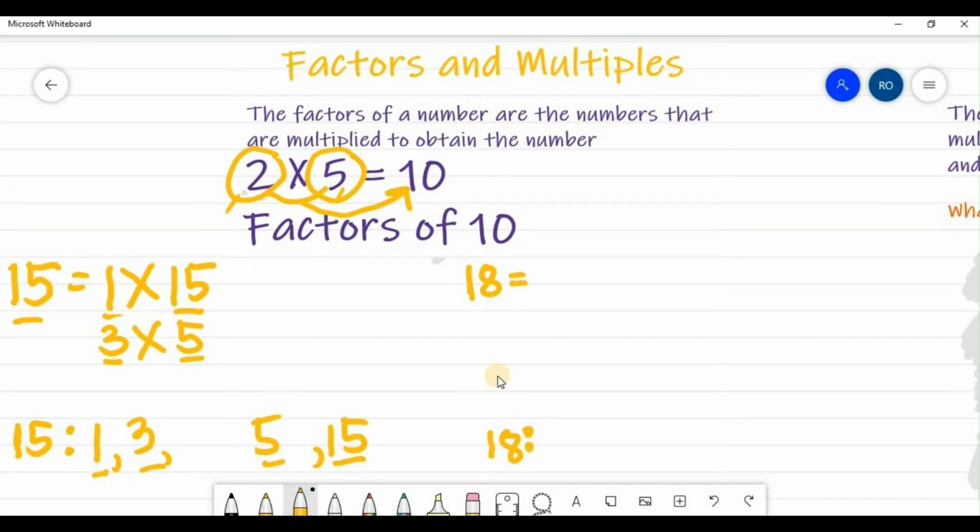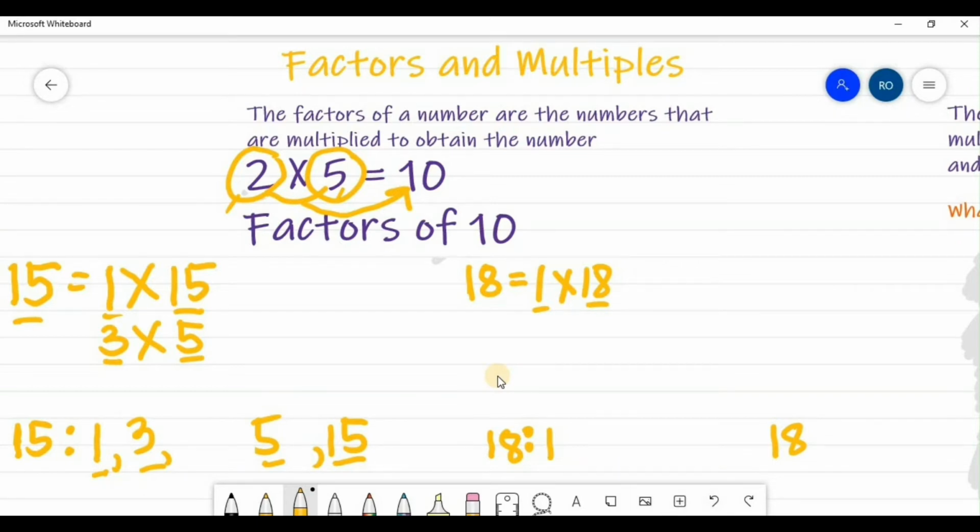Okay, let's have 1 times the number itself, 18. Okay, 1 and 18 are factors of 18. So let's have 1 and 18. Let's provide space again, so we will expect more factors to write on this space.